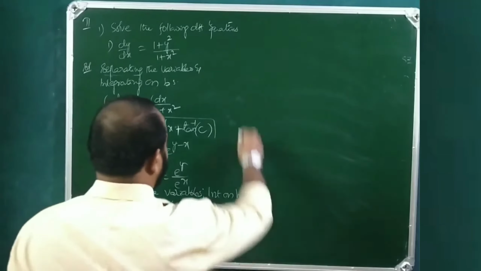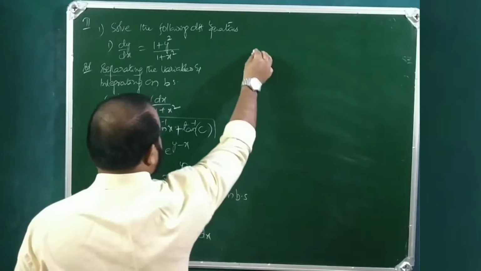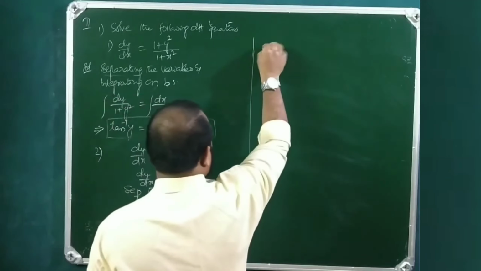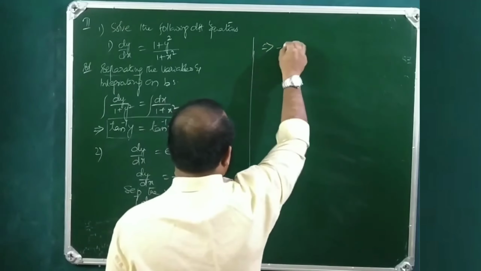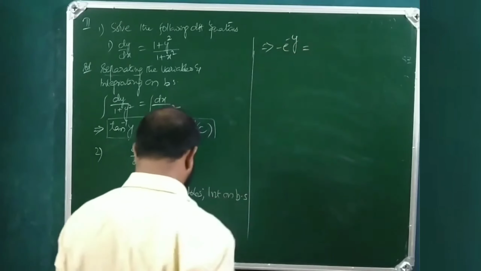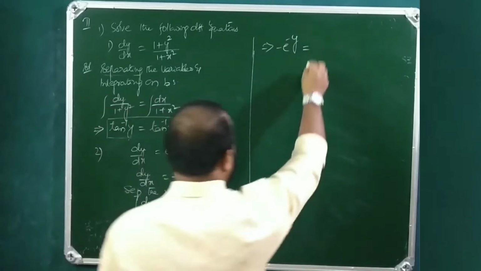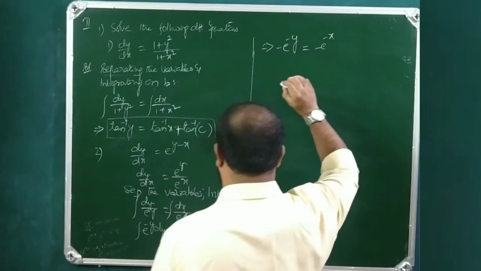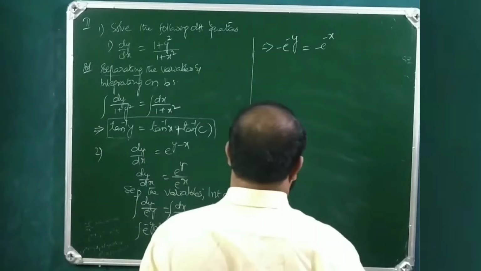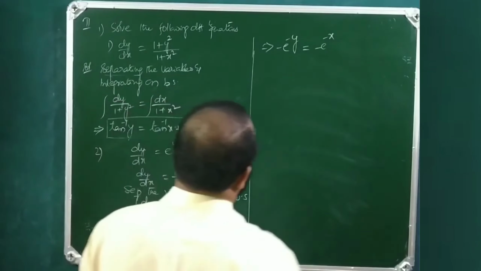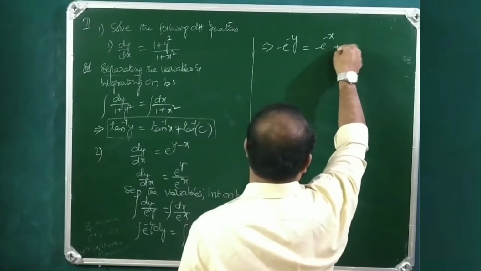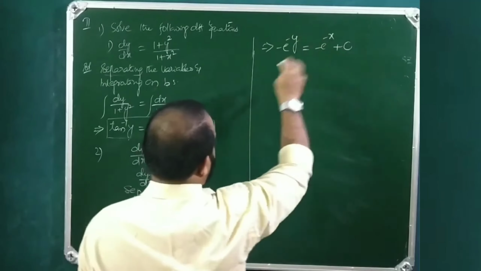So this gives minus e power minus y equals minus e power minus x, plus a constant of integration added on one of the sides.